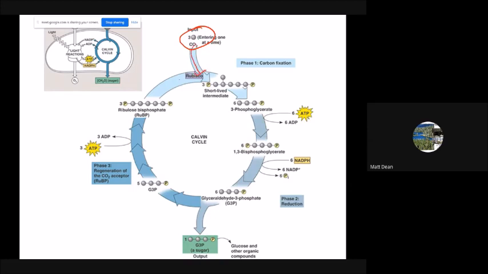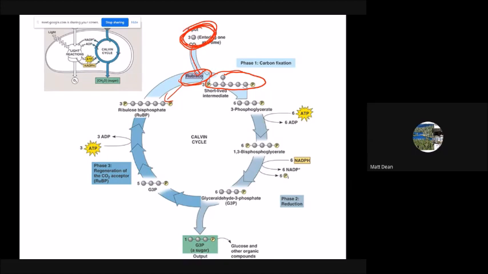Once inside the leaf, an enzyme called rubisco will grab onto that carbon dioxide and attach it to a molecule called ribulose bisphosphate. This makes a pretty unstable 6-carbon molecule, which breaks down very quickly into 2 3-carbon molecules. Now notice we're starting here with 3 CO2s.